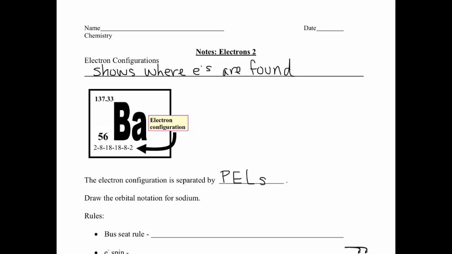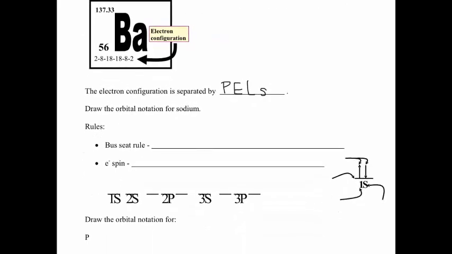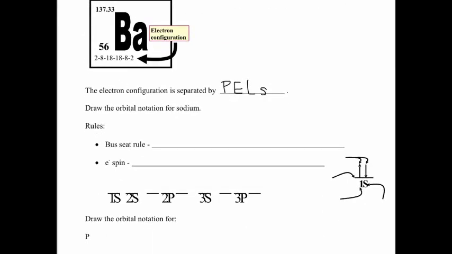So we're going to talk about how to create an orbital notation now. But before we can do that, let's talk about a couple of rules that you need to follow in order to figure this out. The first one we call the bus seat rule.